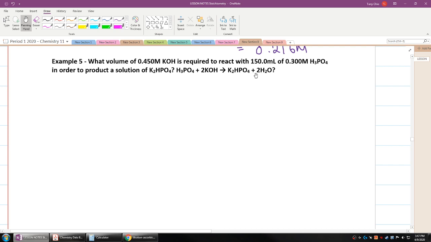You always want to get to moles. So which of these numbers can get to moles? Well, if you have your volume and your concentration, you could always get to moles. Remember, number of moles is always concentration times volume, and in this case the volume has to be in liters. So you convert this volume into liters, which is 0.150 liters.